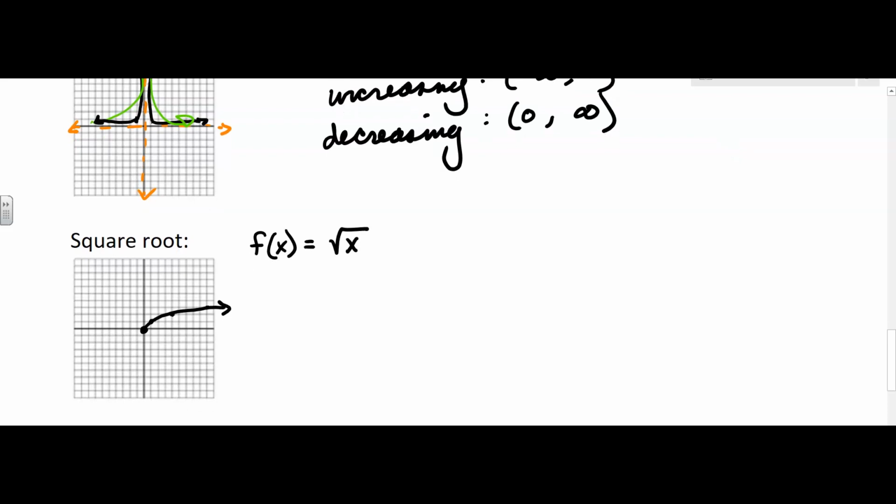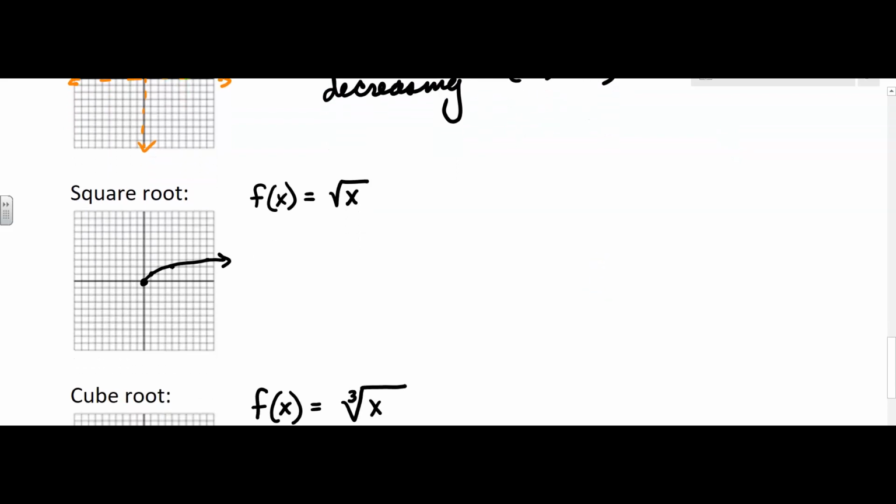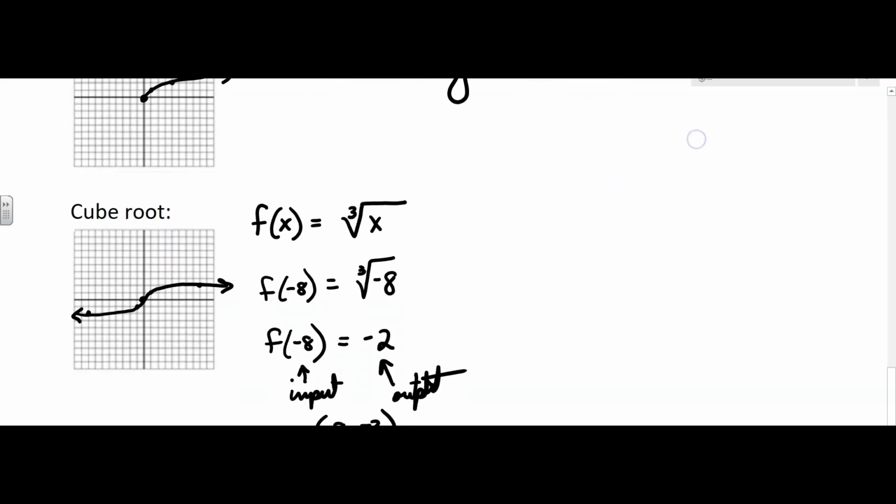And the square root function. Well, the square root function is increasing, so it's increasing. We're still going to put an open parenthesis there from 0 to infinity. And that's the only part of that function, so that's defined there.